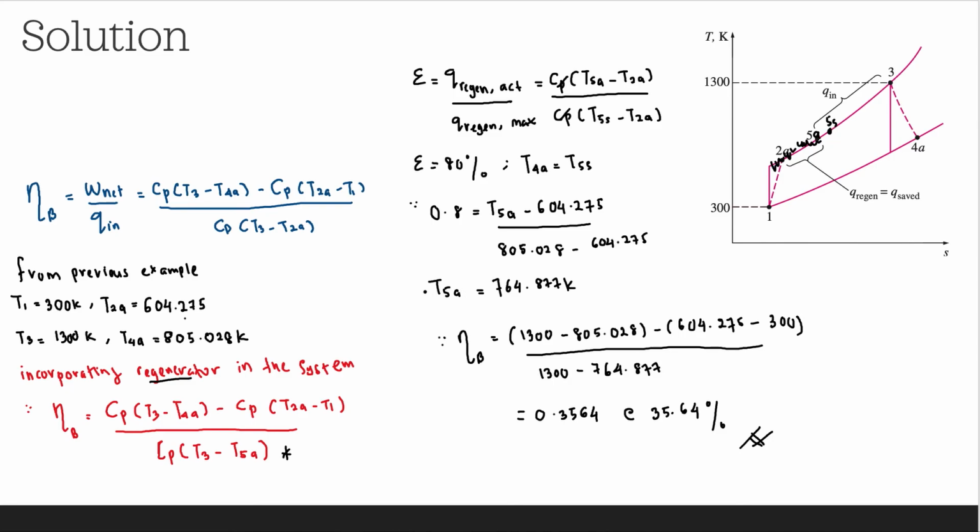Okay, then we will get T5A as 764.877 Kelvin. So we replace this value into this formula, then we will get the thermal efficiency as 35.65%, which means the thermal efficiency with the regenerator is greater than in the previous example. Thank you.